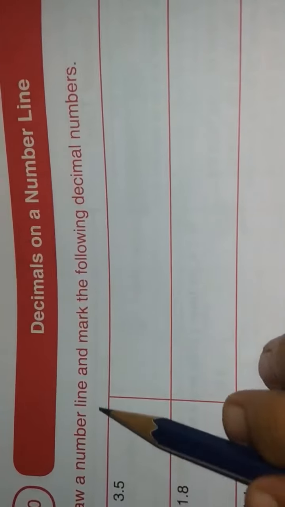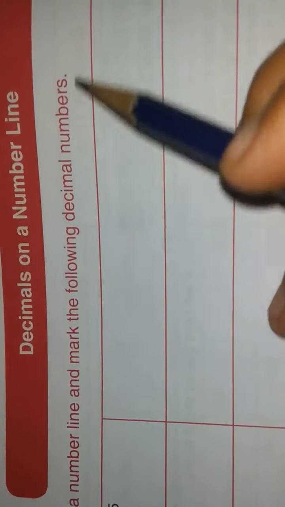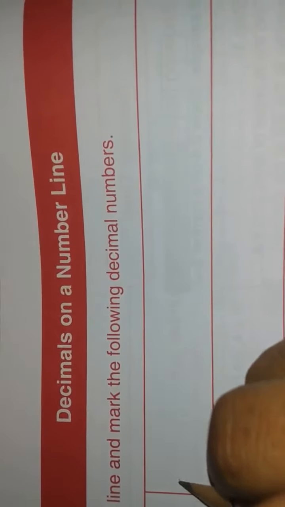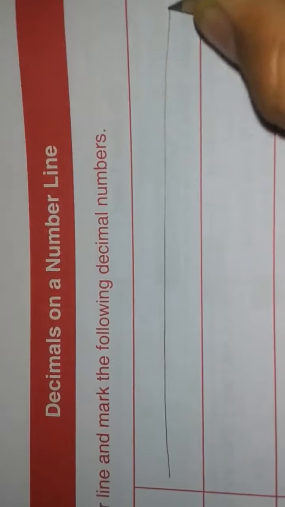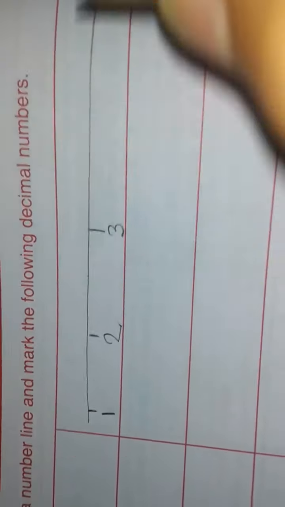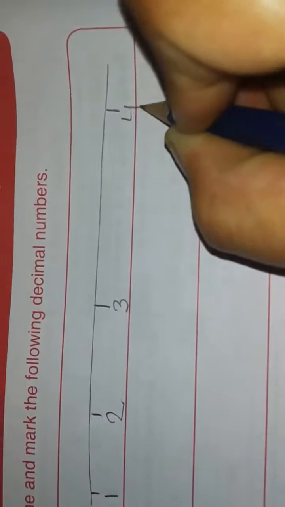Draw a number line and mark the following decimal numbers. So what do we have to do? 3.5 is there, right? Here we have to draw a number line. In that line we write 1, 2, 3 and in the last 4 is there.